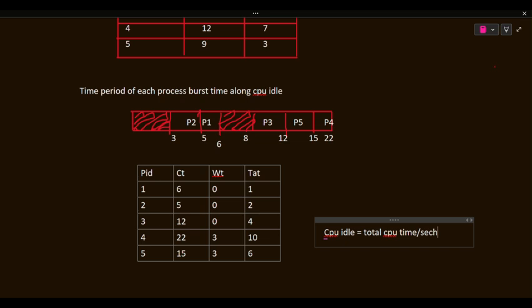Schedule length is nothing but the time period from the arrival time of the first process to the completion time of the last process, into 100.